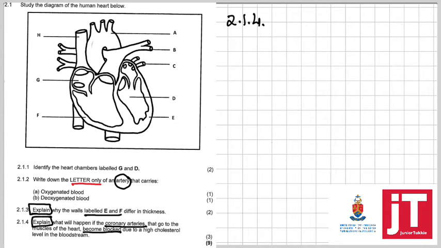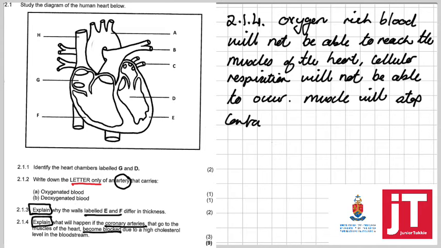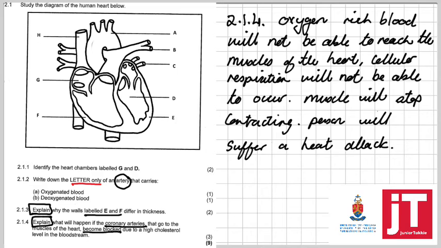So if they become blocked, oxygen-rich blood will not be able to reach the muscles of the heart. If we don't have oxygen reaching the muscles of the heart, that means the heart muscle cannot undergo cellular respiration and produce energy, and will not be able to contract properly. So this muscle tissue will be inhibited.